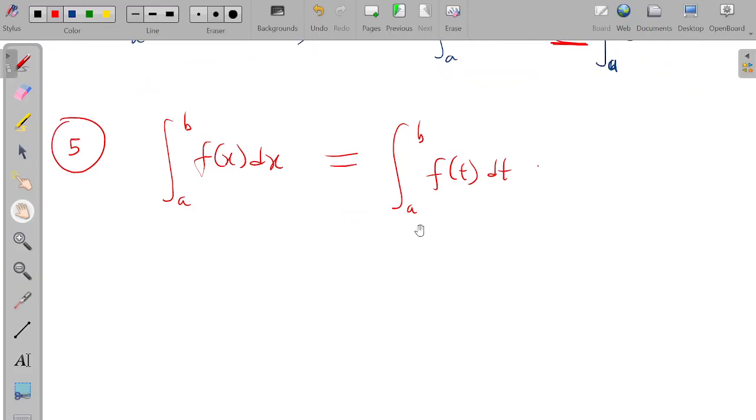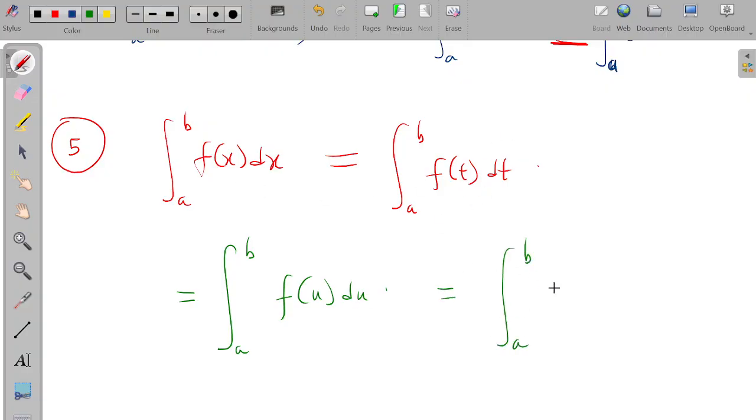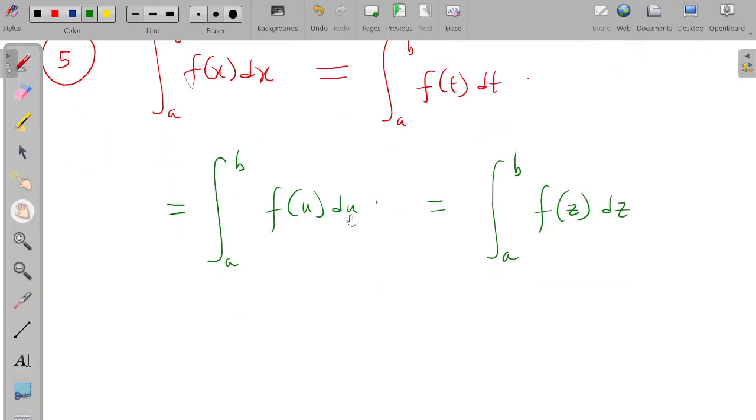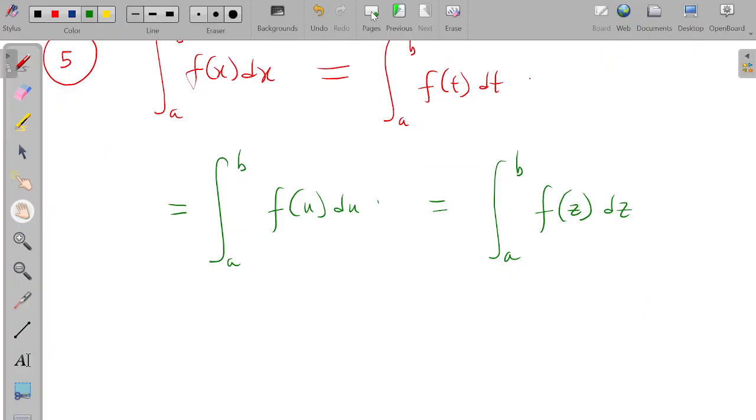The variable could change, but the result of the integration stays the same. So it's still the same when you're integrating in u. It's not every time we use x. We can use t, we can use u, we can even use z, you can use any variable. So the integration remains the same.